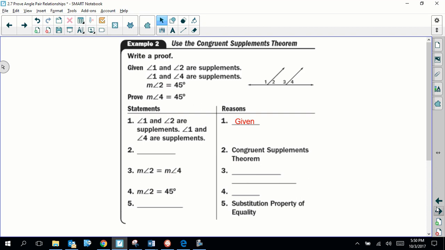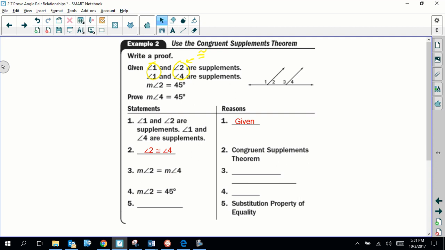Well, if angle 1 is supplementary to both of these, then it means that these have to be congruent to each other. And that's what we're saying here. Angle 2 and angle 4 have to be congruent to each other because they're both supplementary to angle 1. And the reason is the congruent supplements theorem.